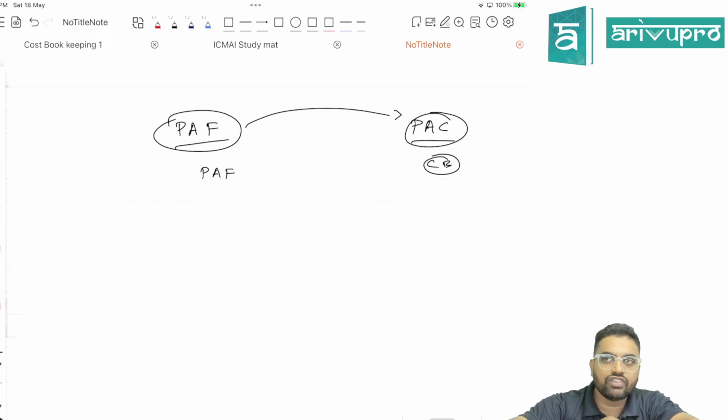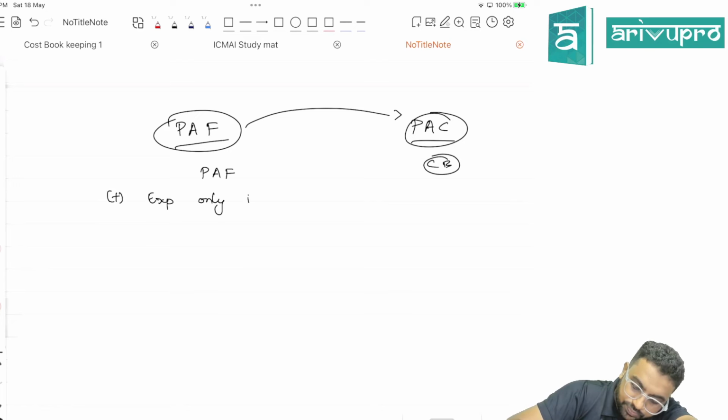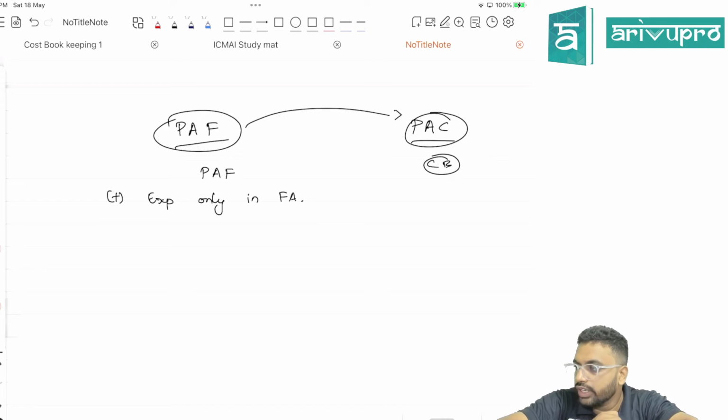So, cost account profit will be same. But financial account profit, as you booked the more expenditure, it would have reduced. So, add back those things to the profit. What is that, sir? Expense only in financial account, I should add back.